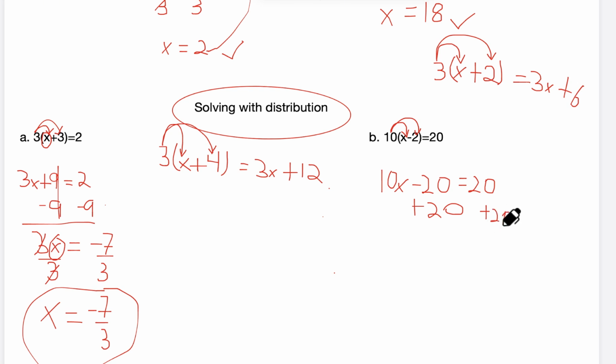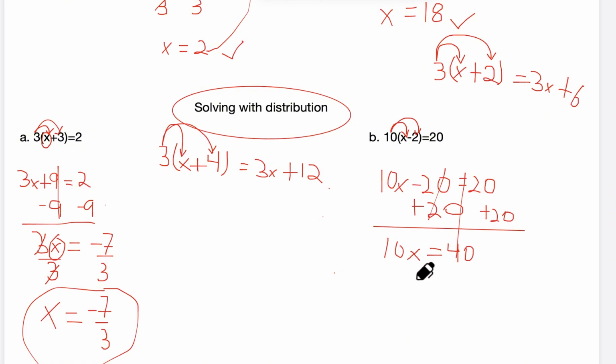Okay, one before the equal sign and one after the equal sign. Drop the 10x, cancel the 20s. So I get 10x equal 20 plus 20 is 40.